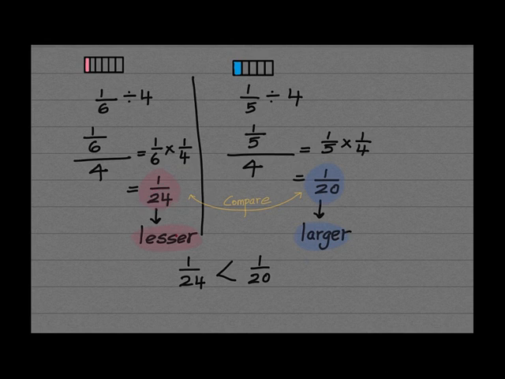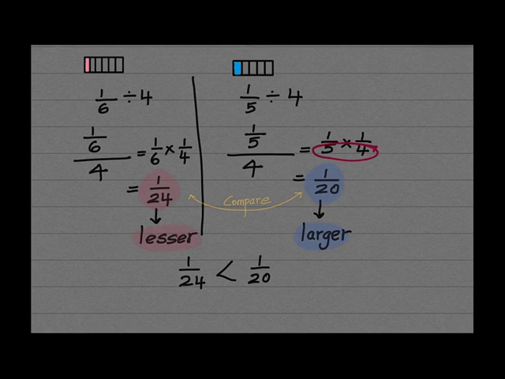So 1/24. And here write the numerator 1/5 and the denominator whole number, and then you take the reciprocal of it, and 4 will become 1/4. Multiply the numerators, 1, and 5 times 4 will become 20.